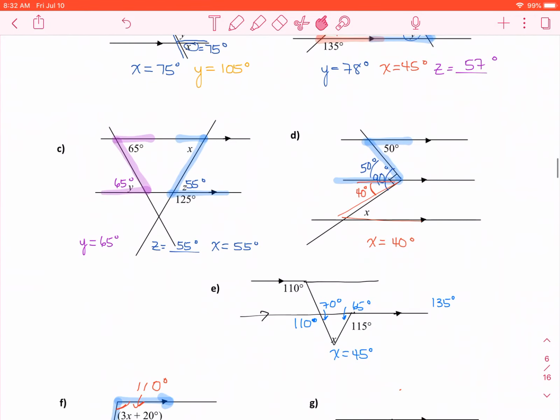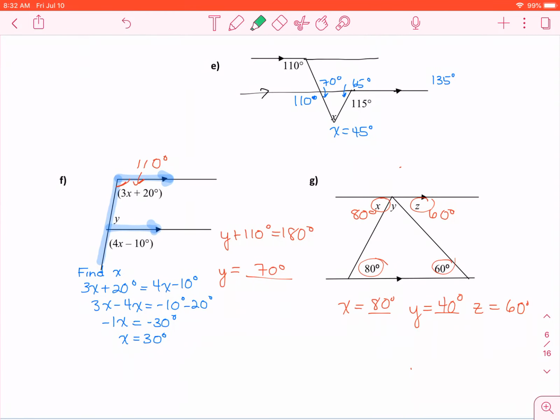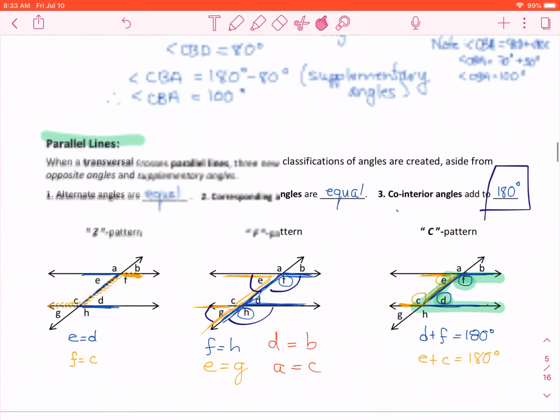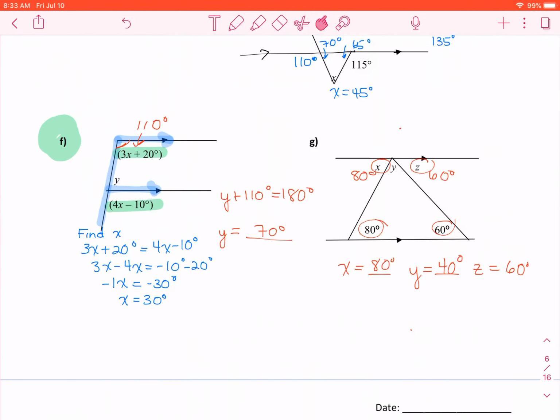As you can see, sometimes there's some algebra that is involved. So for instance, let's just hone in and take an example F. You can see that there's a creation of an F there in blue, and that means that due to our F pattern, which is our corresponding angles theorem, they are equal to each other.